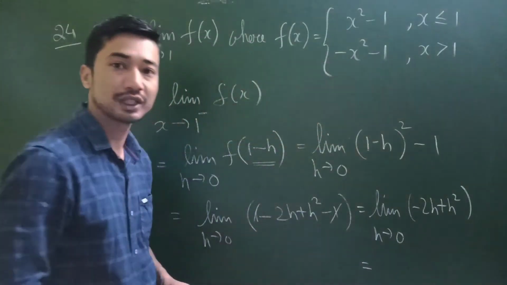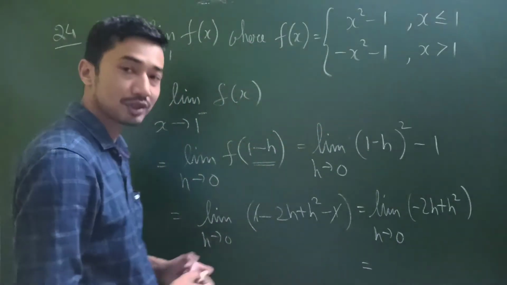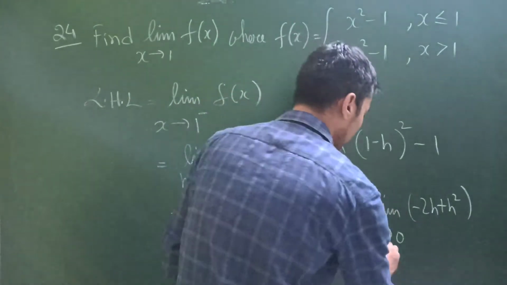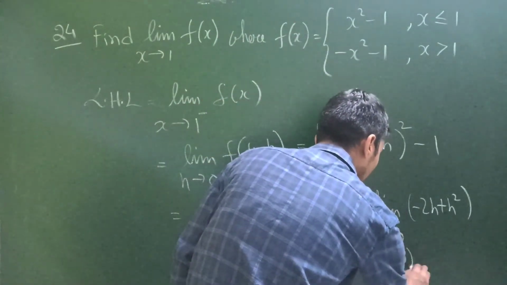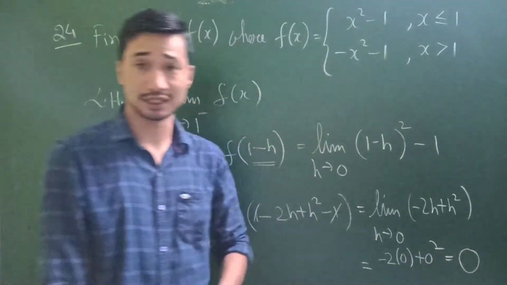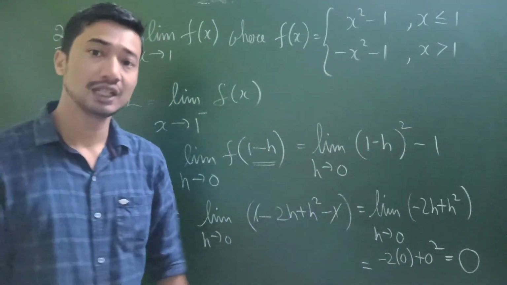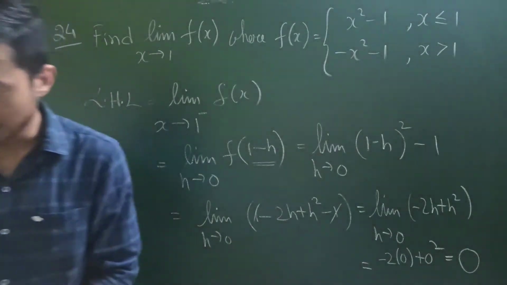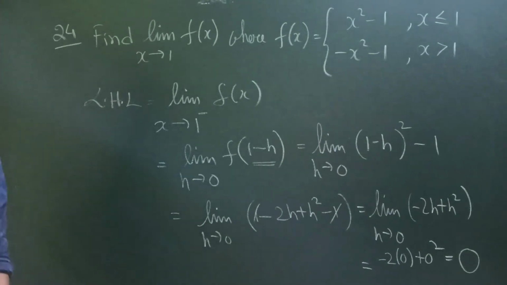We can easily substitute the value of h because we are not getting 0 by 0. Substituting, I have minus 2 into 0 plus 0 squared, which is of course 0. So the value of the left hand limit is 0.